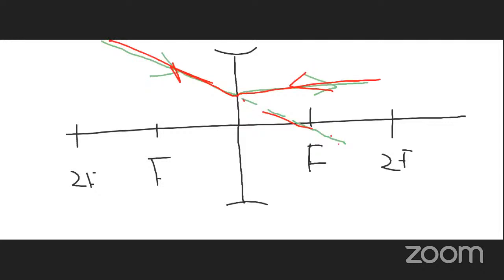You see it? Is that okay? We have simply reversed the first principal ray. So the first principal ray has been reversed in order to get the second one.